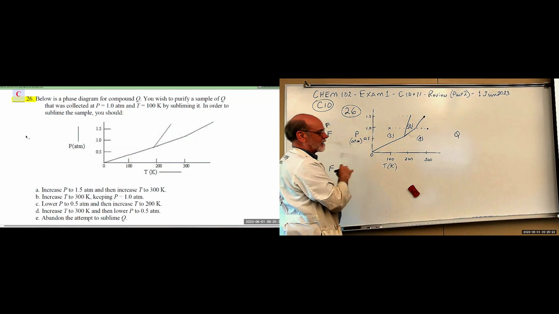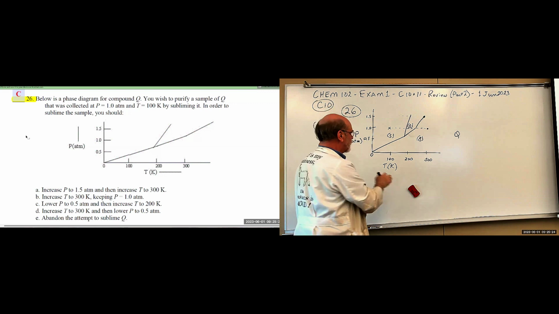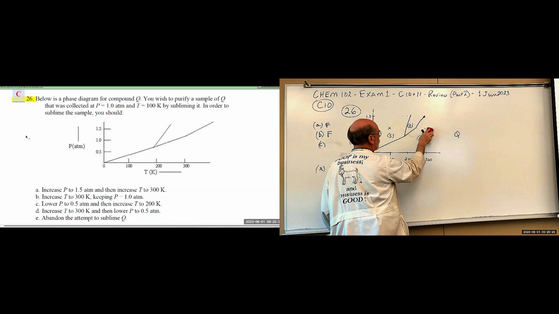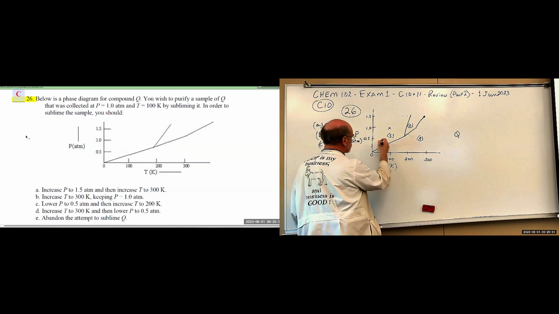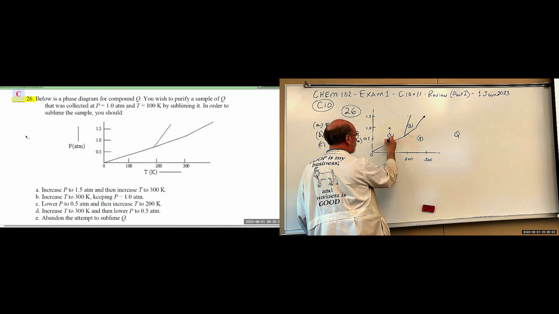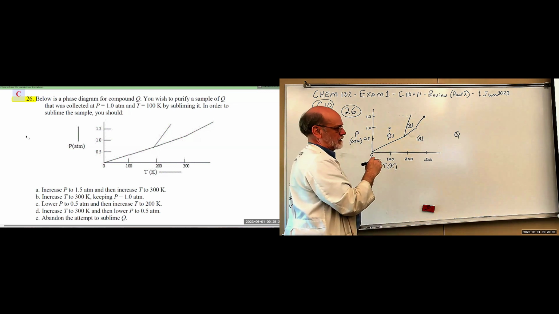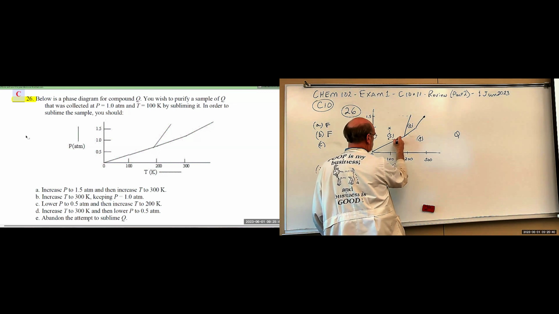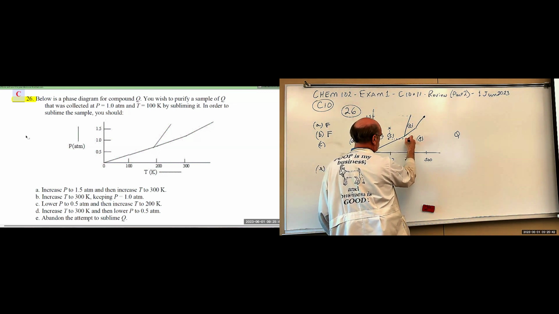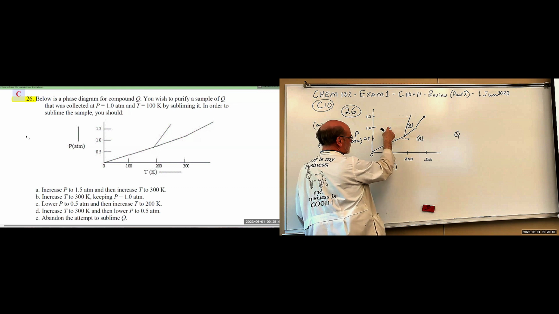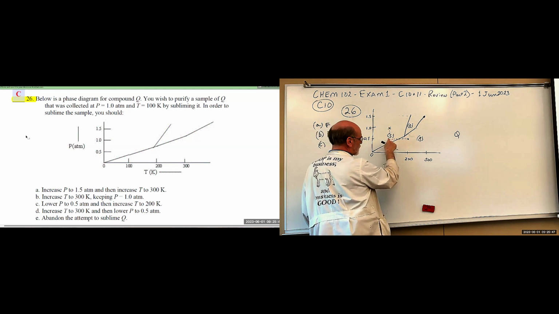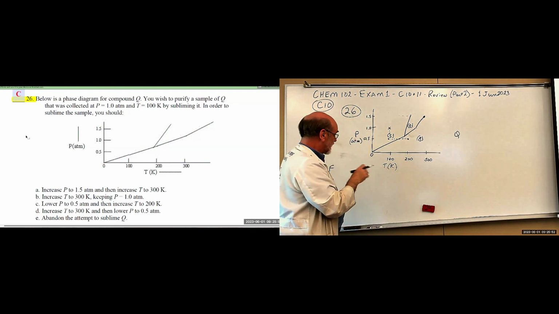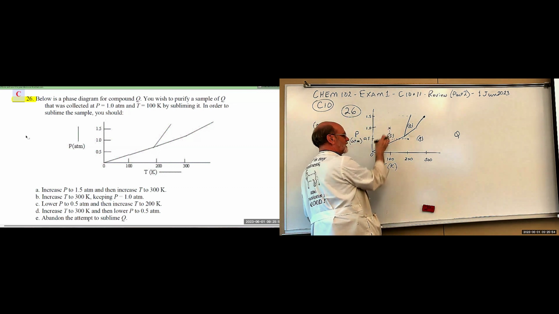How about C? Lower the pressure to 0.5 atmospheres. If we lower the pressure to 0.5 right here, and then increase temperature to 200, you're going to keep it a solid and then go straight to gas here. Now that we've got it as a gas, we leave all the contaminants behind as solids.